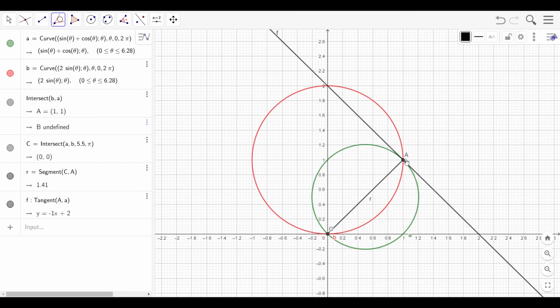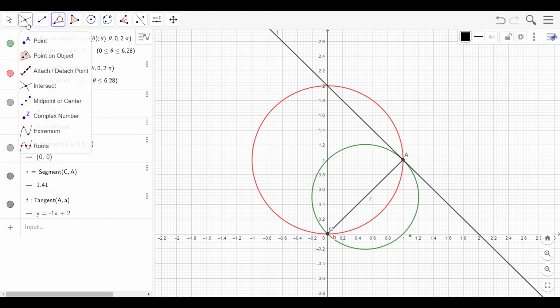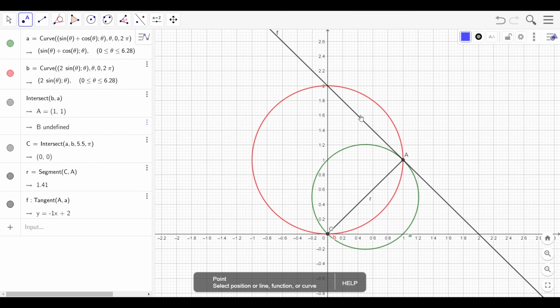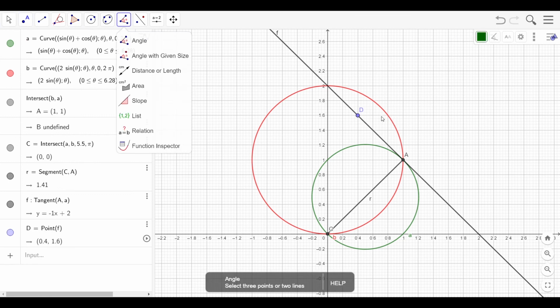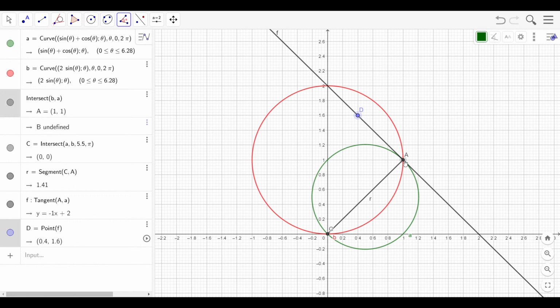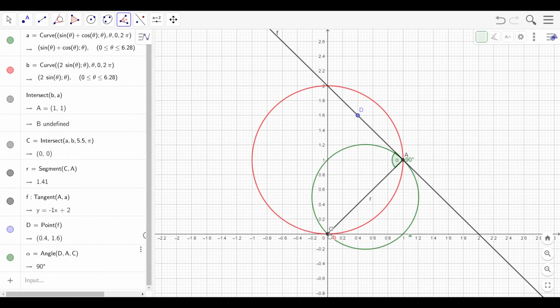So this is the tangent. Then you can see that the angle between the radius vector and the tangent is pi by 2. Mark a point, then find the angle. So you can see that this angle, phi 1, is pi by 2.